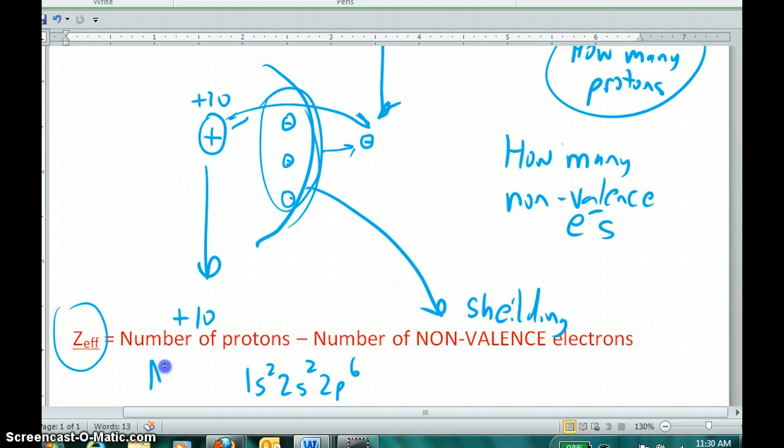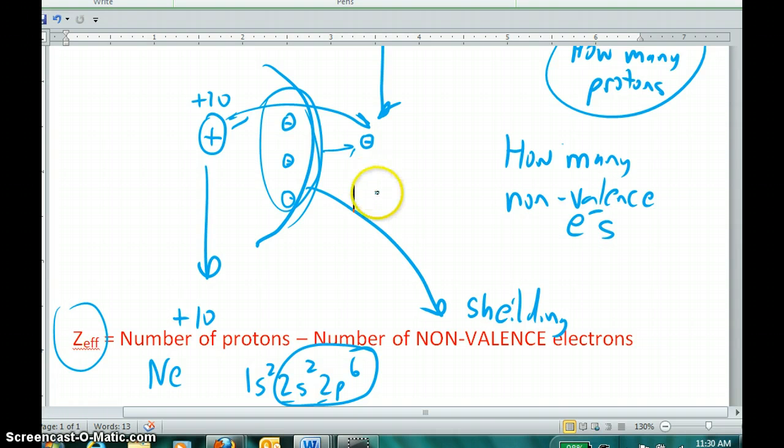And of course, the electrons that we're interested in determining how much of an effect this is are the valence electrons, the ones in the highest principal energy level, that being n equals 2 for neon.